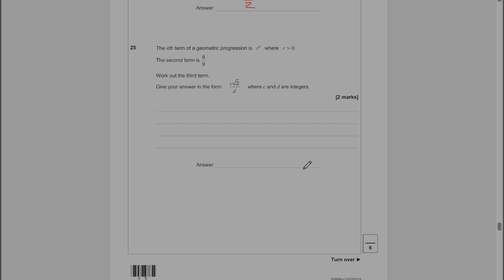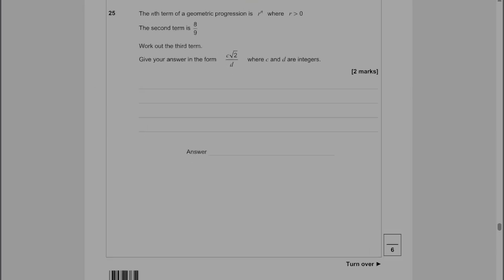Okay, question 28. The nth term of a geometric progression is r to the power n, where r is greater than 0. The second term is 8 over 9. Work out the third term, giving your answer in the form c root 2 over d, where c and d are integers. Okay, so r squared is going to be equal to 8 over 9.